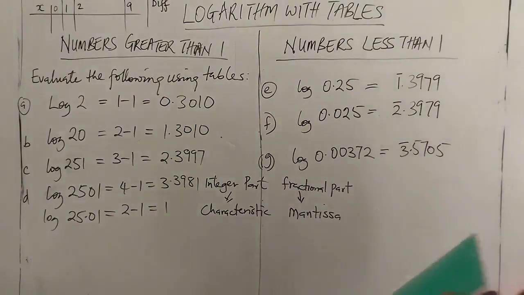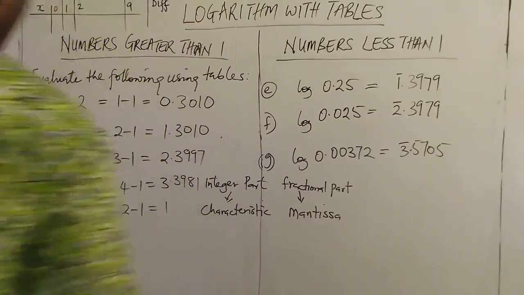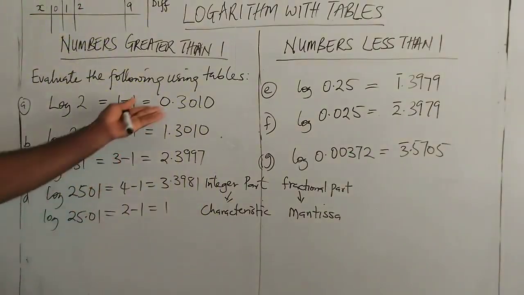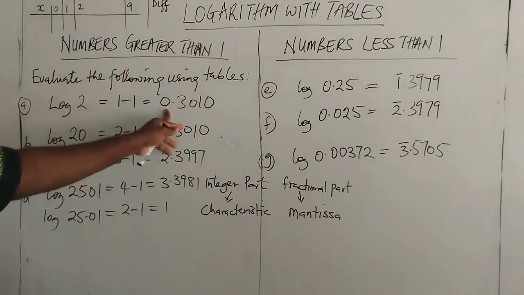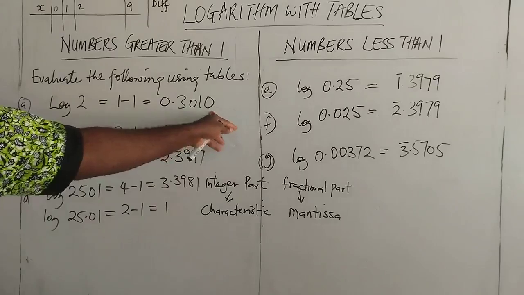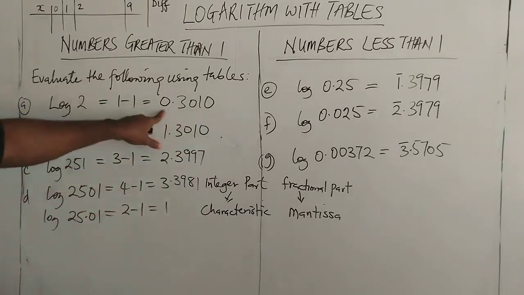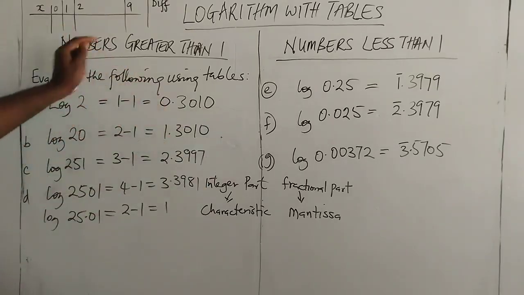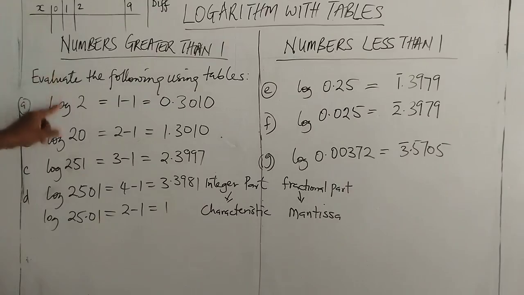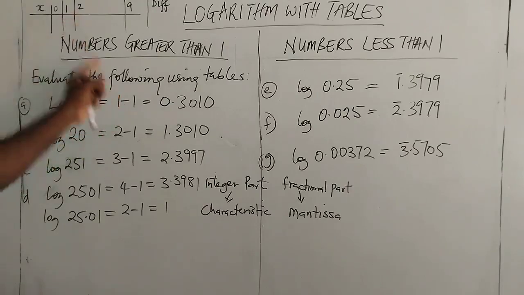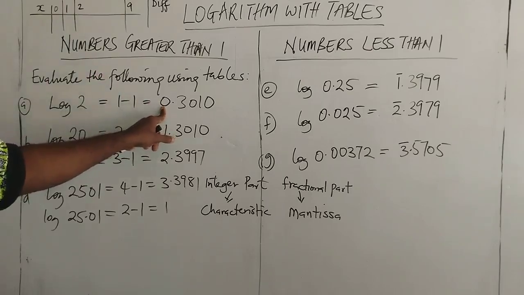So, in summary, you can see that every log has 2 parts, the characteristic part and the mantissa part. To get the characteristic, if the number is from 1 up, check the number of digits of the whole number. Subtract 1 from it. That will form your characteristic.